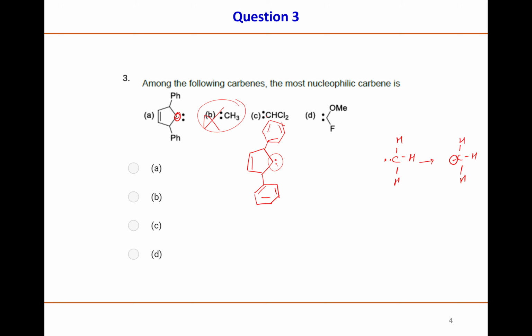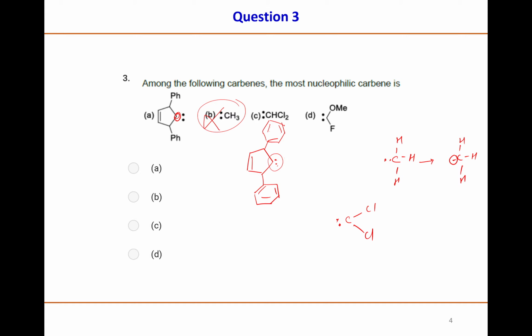Now let's talk about option C. Option C is this one.